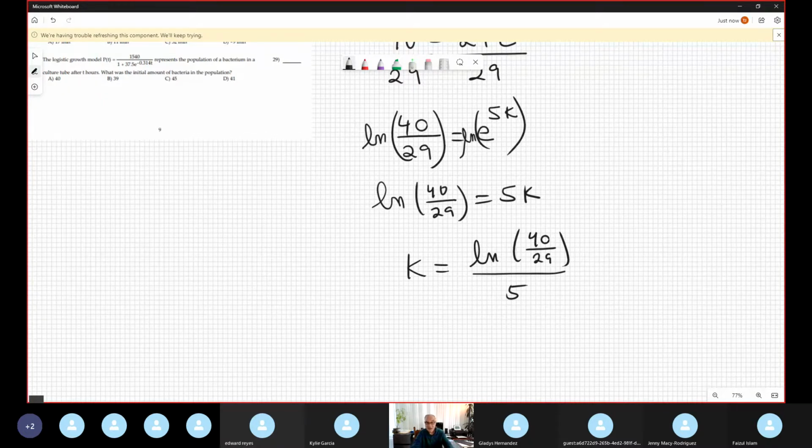Notice that the logarithm of 40 over 29 is a positive number because 40 divided by 29 is greater than 1. The logarithm of a number greater than 1 is positive, and when K is positive, that indicates exponential growth. Boom, no decay.